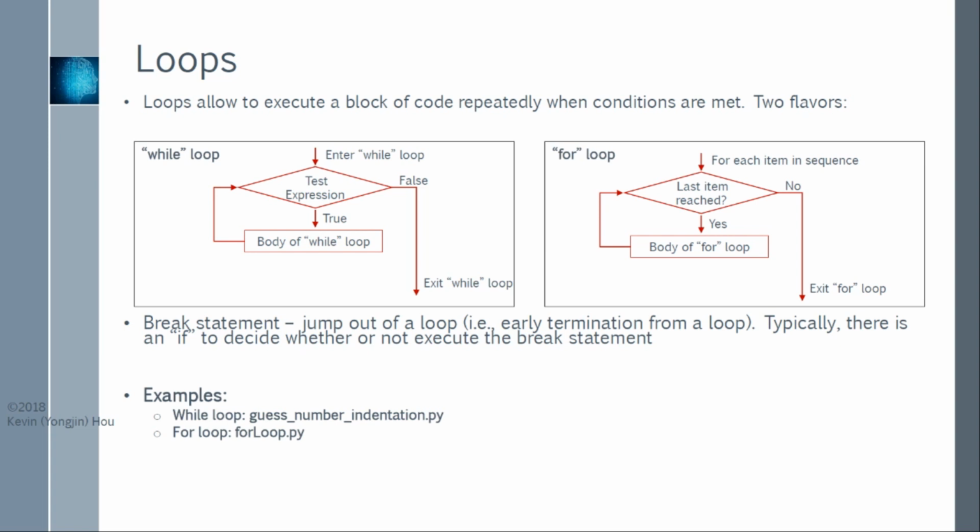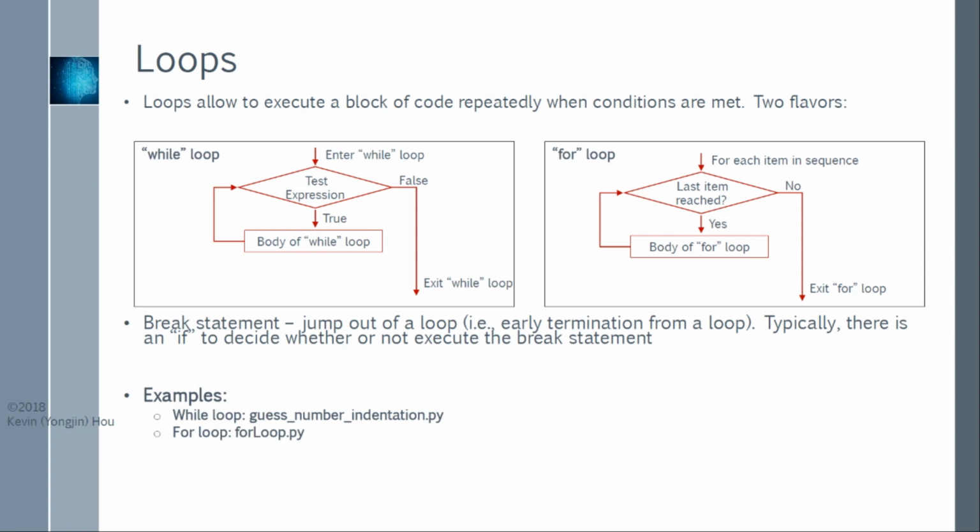The last topic we're going to cover today is the loop, right? A loop is a block of code which allows repeated execution as long as the conditions are met.